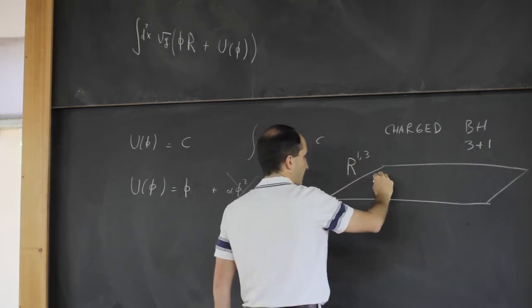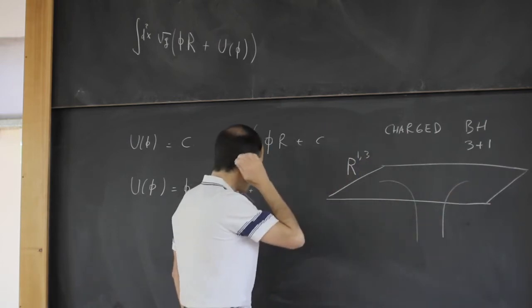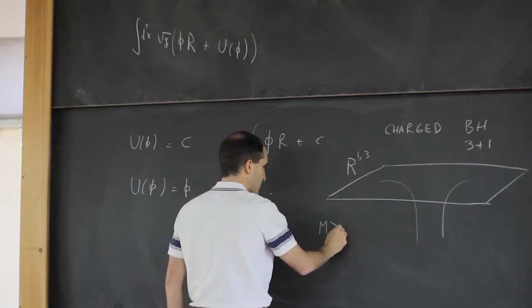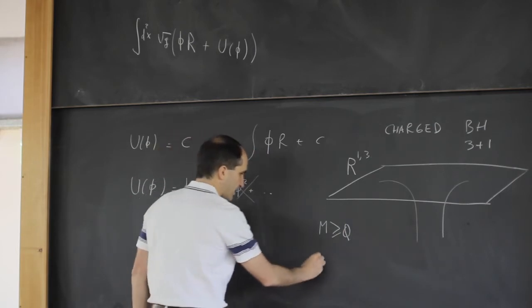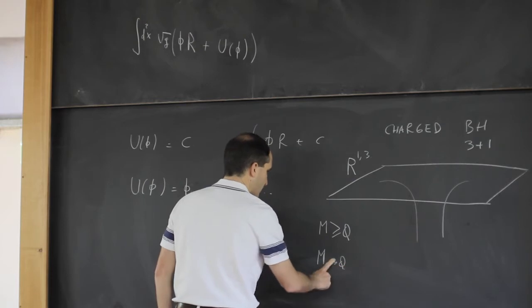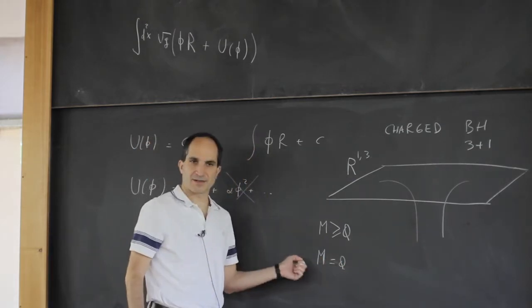And then we have some black hole here. Now, charged black holes, in order to avoid singularities, we need that the mass should be bigger or equal than the charge. And the case when the mass approaches the charge, or is equal to the charge, is called the extremal black hole.